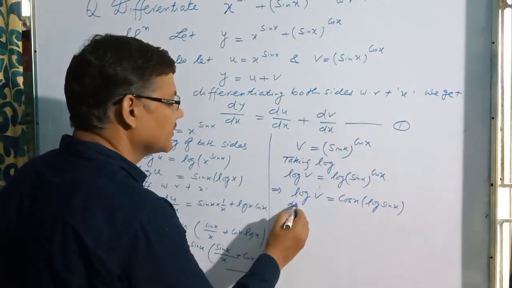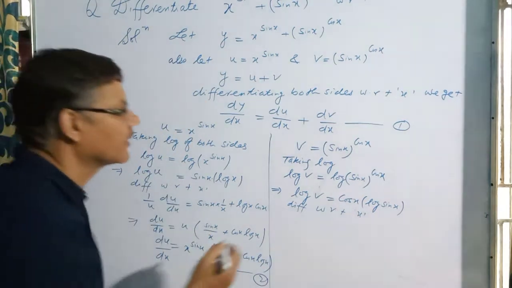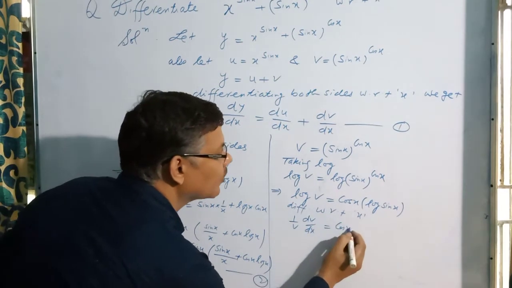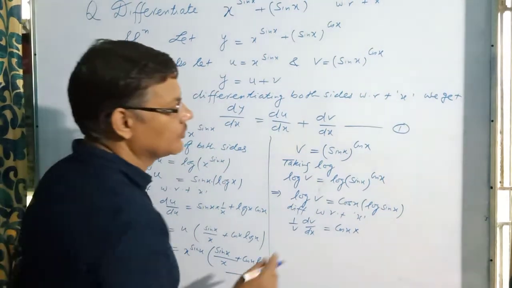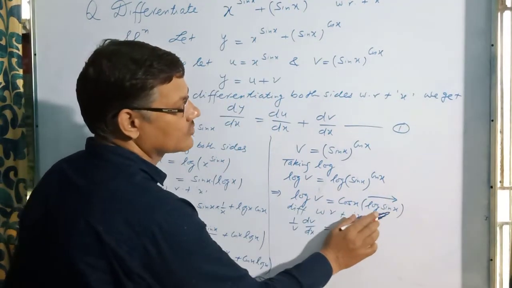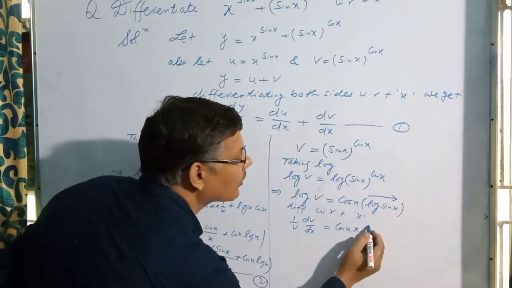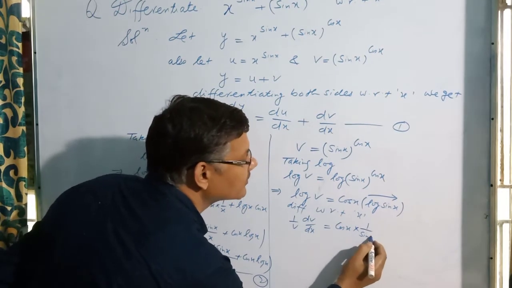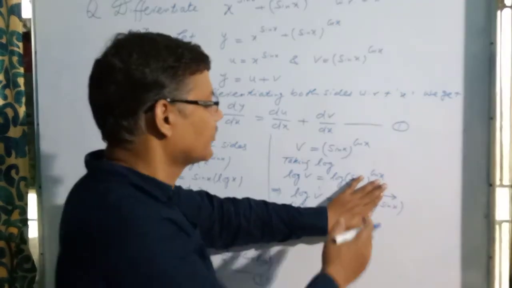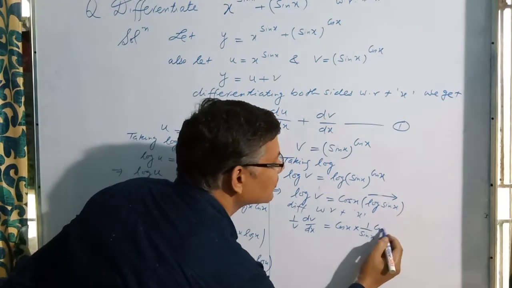Now differentiating both sides with respect to x, we get on the left side 1 by v dv by dx is equal to function number 1 into the derivative of function number 2. Function number 2 is log sin x, so use the formula for log. Log of sin x gives 1 by sin x. Now just remove log and differentiate the next function. The derivative of sin x is cos x.